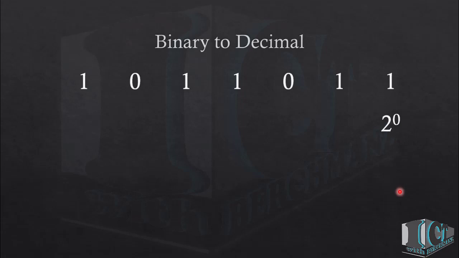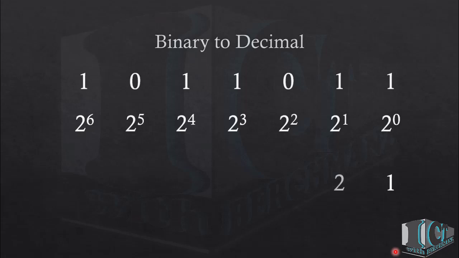Then it will go on like 2 to the power 1, 2 to the power 2, 3, 4, 5 and 6. Now these place values are going to have a certain value. 2 to the power 0 is 1. Then 2 to the power 1 will be 2. And 2 to the power 2 will give you the value 4.